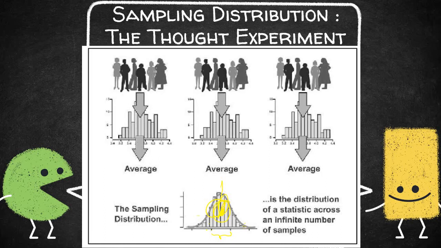So getting an extreme value is rare, getting a mid value is highly probable. Try to understand it this way: getting an extreme value on either side is less likely, getting a value closer to the mid value is more likely. So this is what is called a sampling distribution. It is the distribution of a statistic across an infinite number of samples.